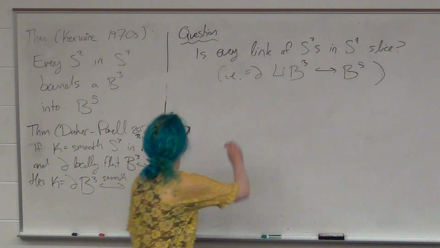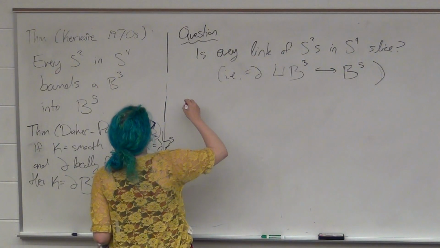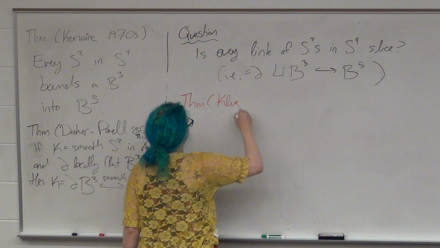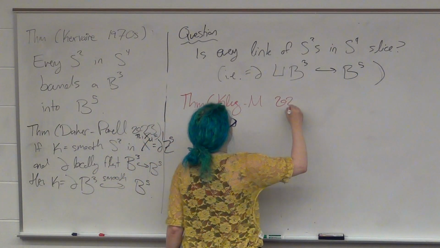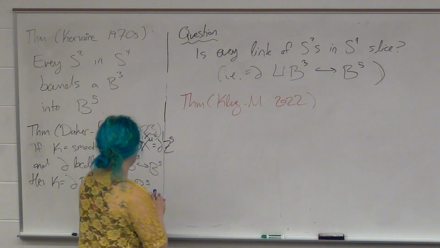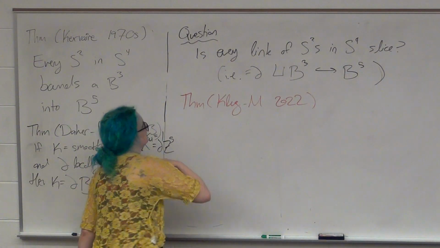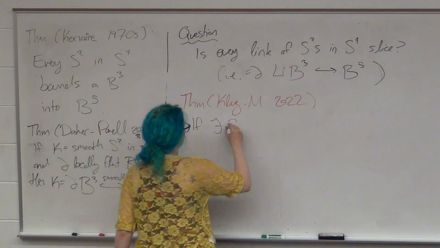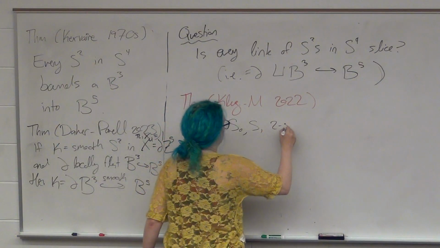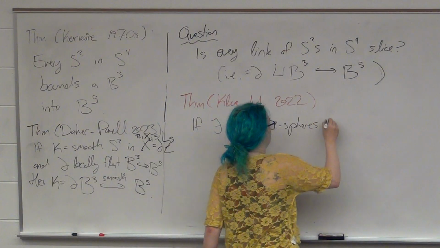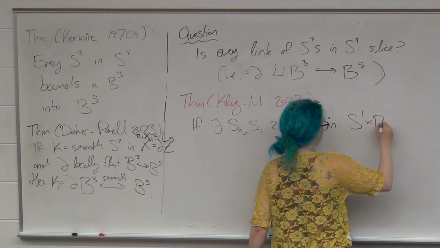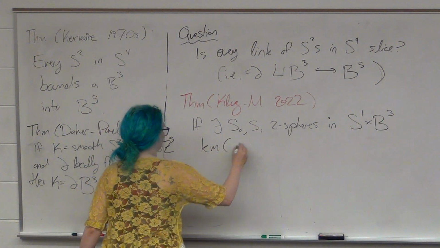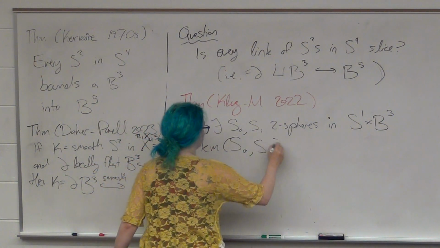And so I did write a paper with Michael Klug a few years ago, where we showed that if you could do a different construction, if you could show that there exist two spheres in a different 4-manifold, S1 cross B3, that satisfy some property about a certain invariant, which I will not define, but I'll tell you sort of what it is.